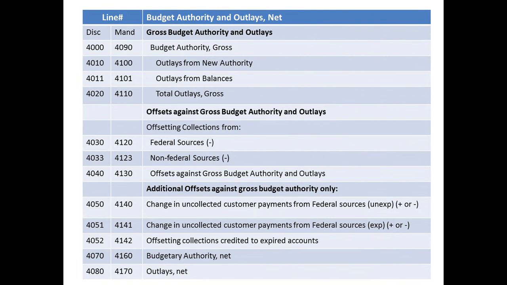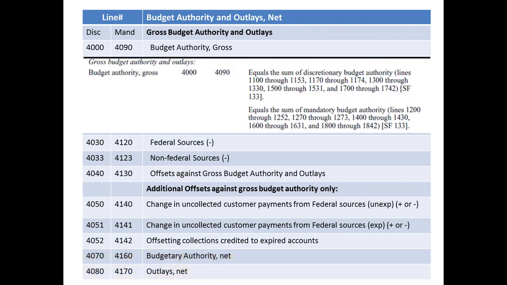First, we have to calculate gross budget authority and outlays. Then we will subtract out the offsetting collections to arrive at net budget authority and outlays.